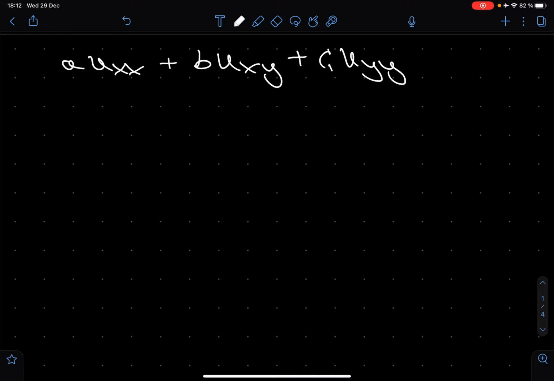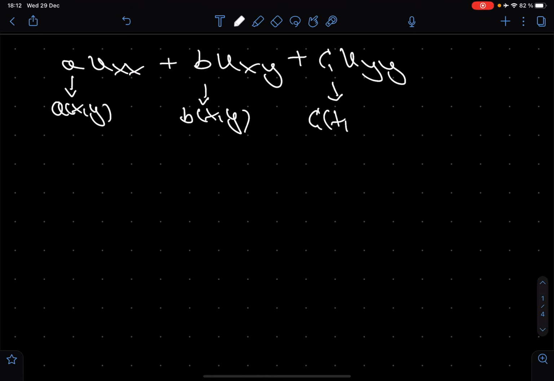So as you might see, we have those coefficients, which are functions of x, y. This one as well. And all the rest on the right side, we can actually name it.